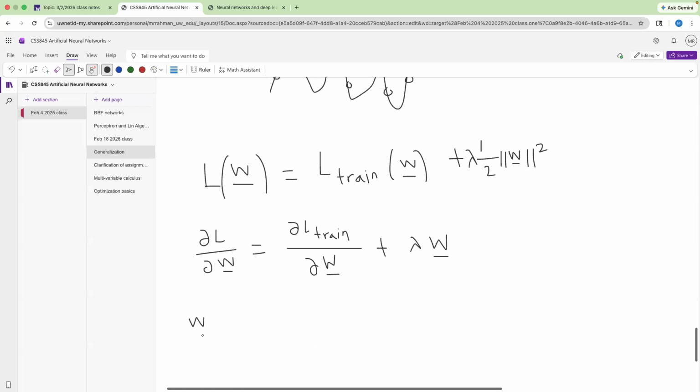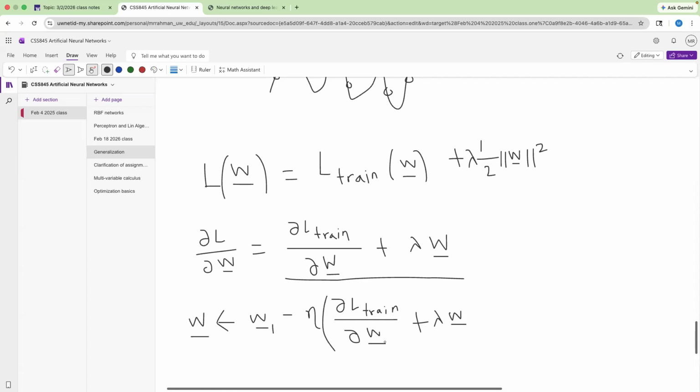And now if you're doing gradient descent, what will happen is your W gets updated by subtracting eta times both of these terms, because they're both part of the gradient. So you have your original loss, which is your train loss, plus lambda times W bar. Okay.